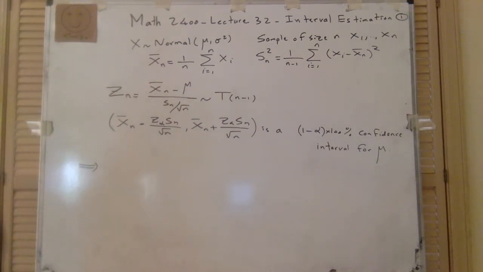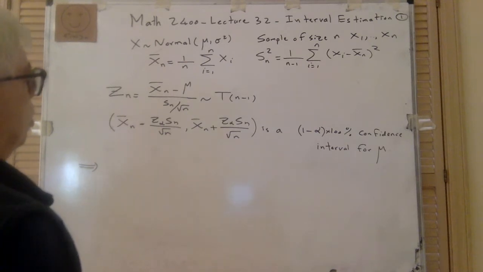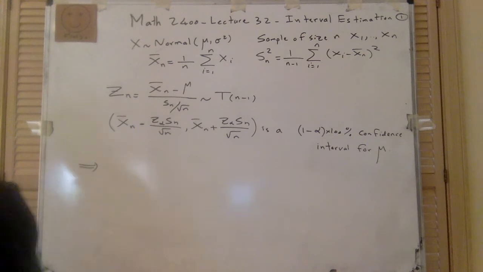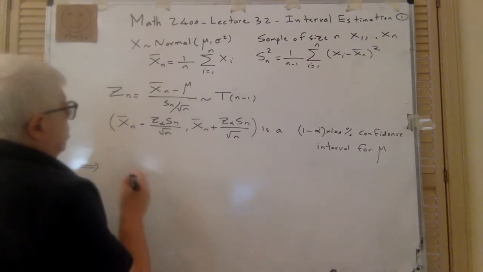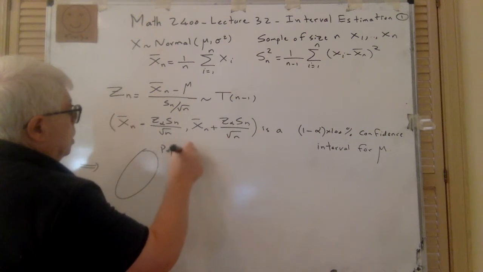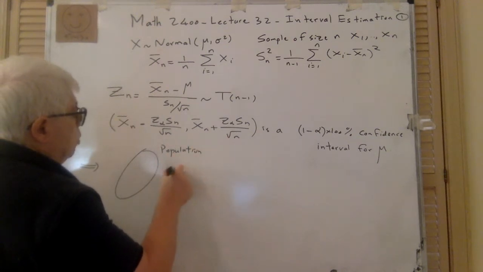Well, finding a confidence interval is not that hard. So how do you do this? So you basically do this. You have a population and a random variable here.